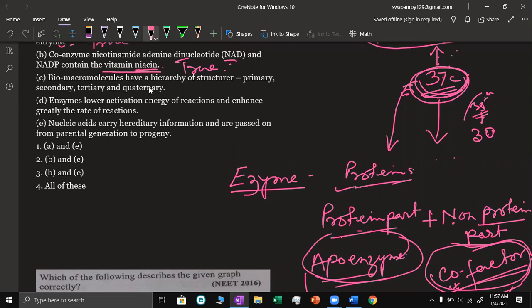Biomacromolecules have a hierarchy of structure. Which ones are biomacromolecules? Proteins, nucleic acids, and carbohydrates, among carbohydrates the polysaccharides.